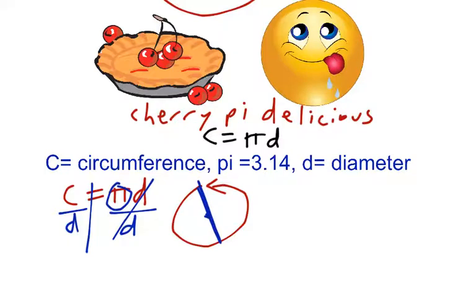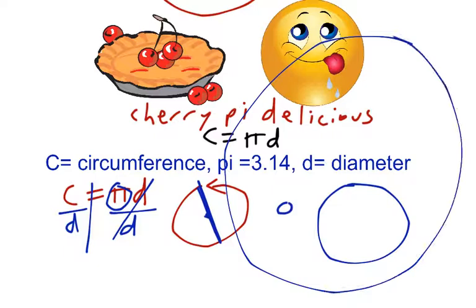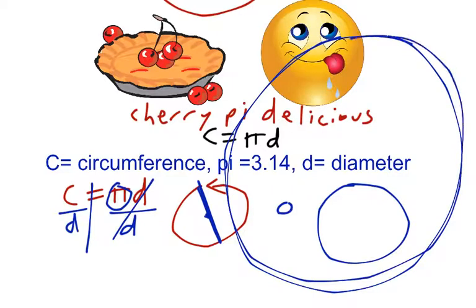And that ratio always holds true, no matter if your circle is really tiny, or really big, or extremely big. It's always the same relationship. The distance around the circle is always going to be 3.14 times bigger than the distance through the center of the circle. Pretty cool, right?